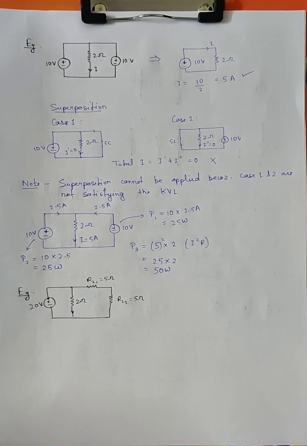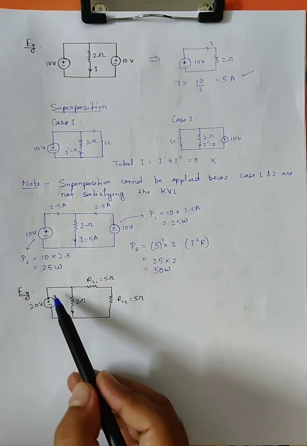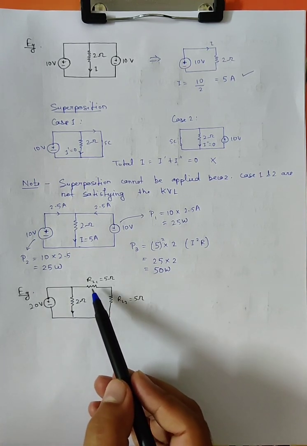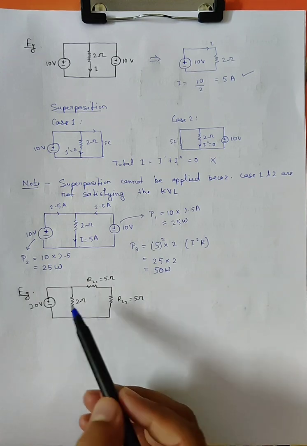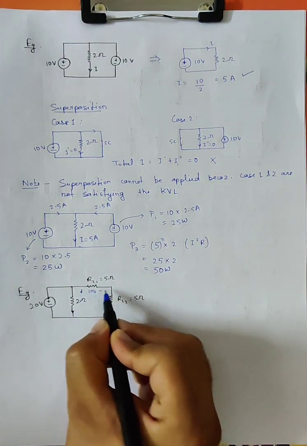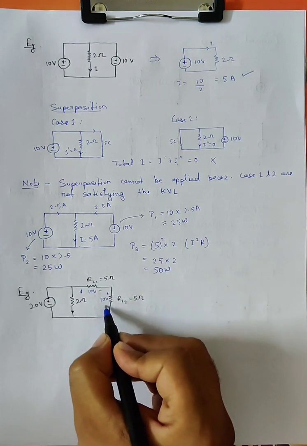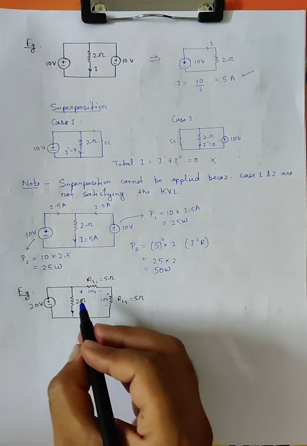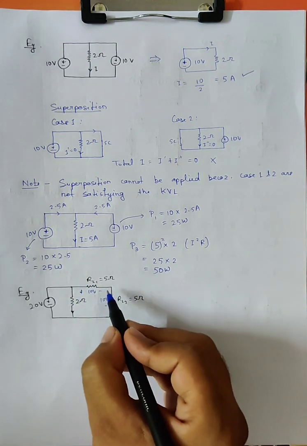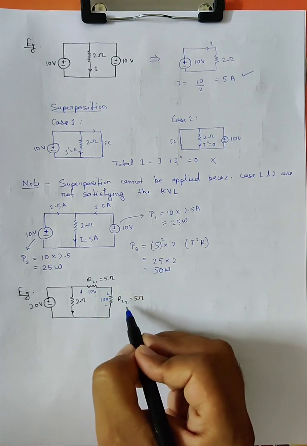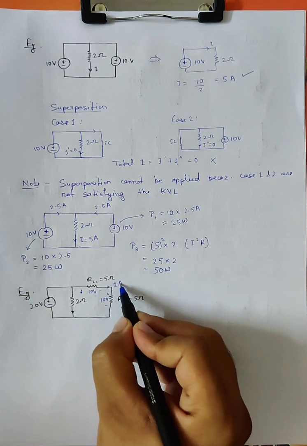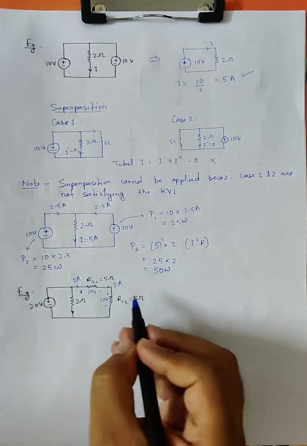Let's take another example. In this circuit, a 20 volt voltage source is given. In parallel, a 2 ohm resistance is given and the load resistances are 5 ohm and 5 ohm. This 20 volt will be distributed as 10 volts and 10 volts. The current in this branch is 20 divided by total resistance, which is 10, so the current is 2 ampere.